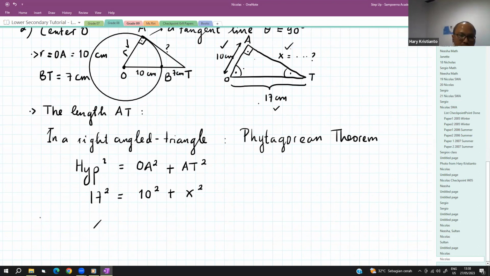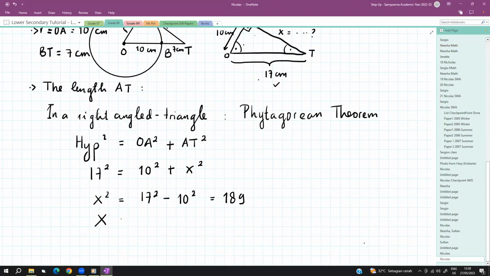So x squared equals 17 squared minus 10 squared, which is 189.